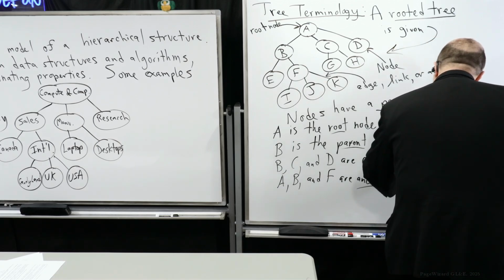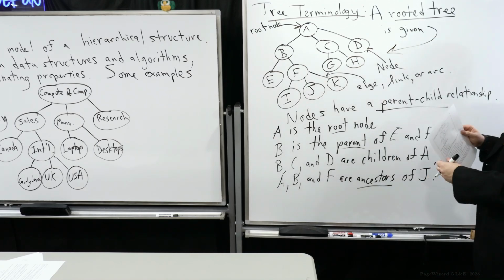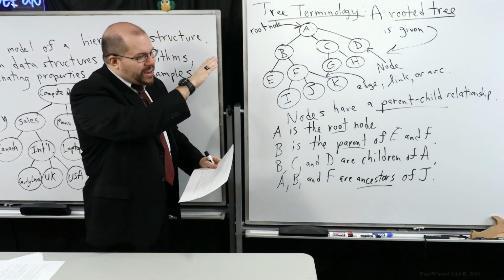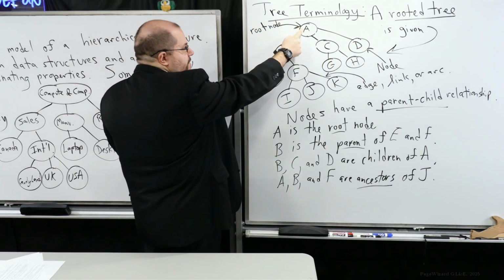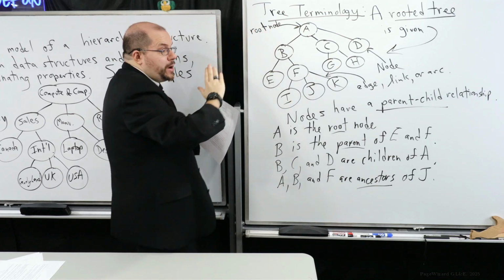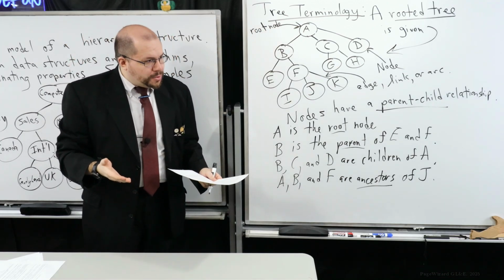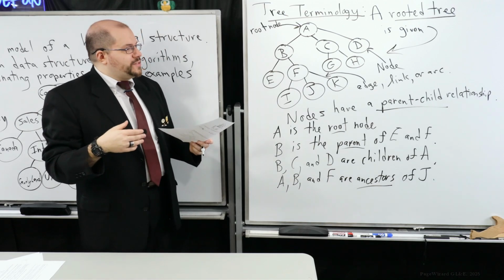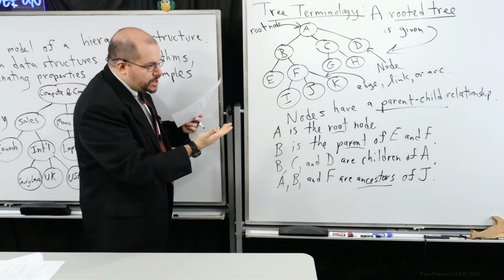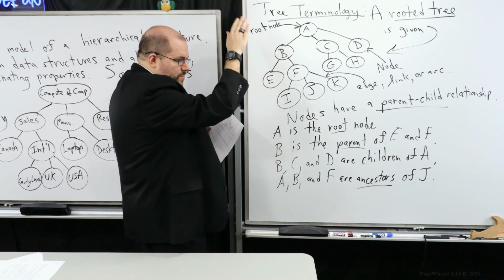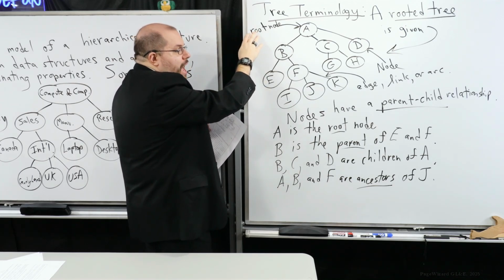Does A have any ancestors? Do you see any? Does the root have any parent? No, it's a very special node in that sense. Because of the way we've defined the parent-child relations with this root node in mind, the root doesn't have a parent.